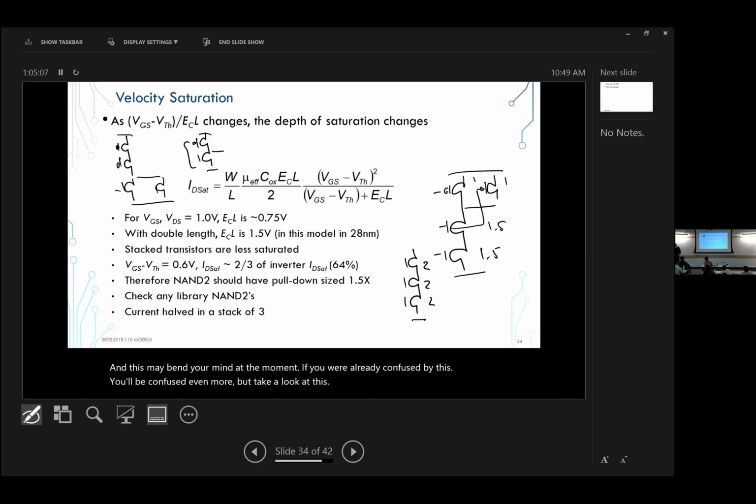So in 28 nanometer process, P and N mobilities did not quite match. They were somewhere in between. So optimal sizing was like 1.6 to 1. How should this thing be sized?